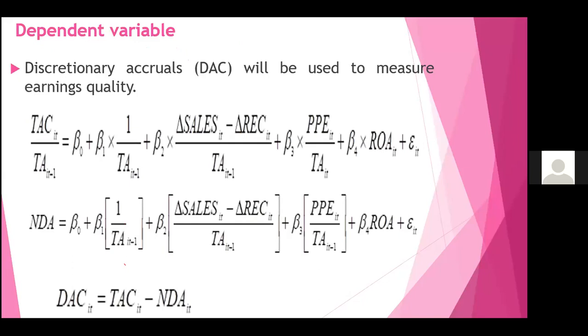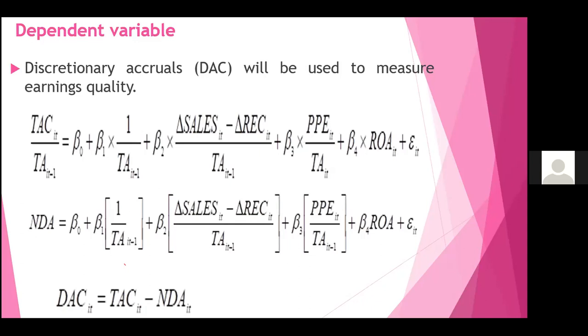In measuring my dependent variable, I'm going to use the Kothari model 2005. There have been different measurements of earnings quality since 1985, starting with Healy in 1985, and then DeAngelo in 1986, who looked at earnings quality and brought in aspects of the previous year and the current year, which introduces discretionary accruals, because I'm going to measure earnings quality using discretionary accruals.